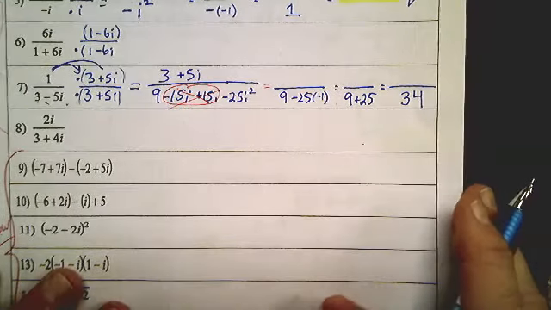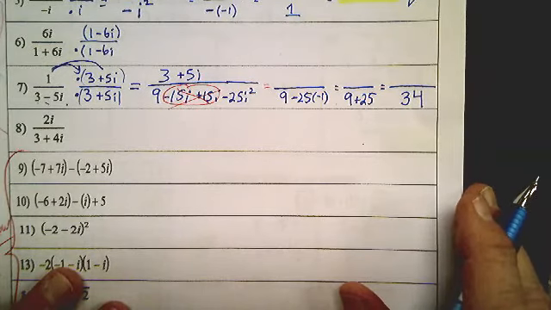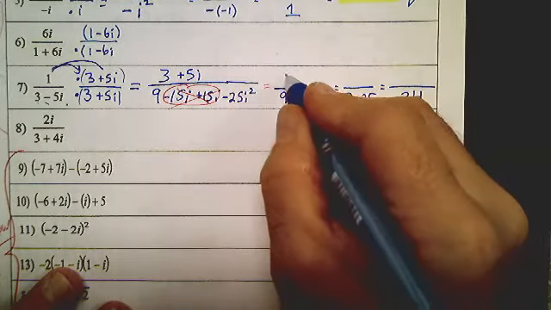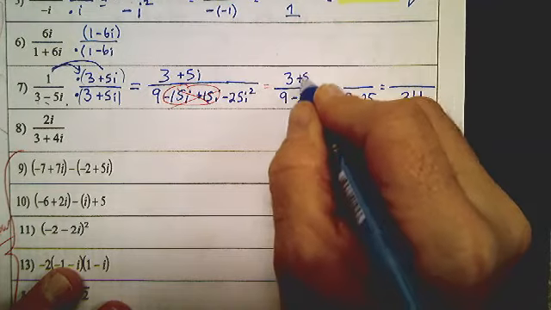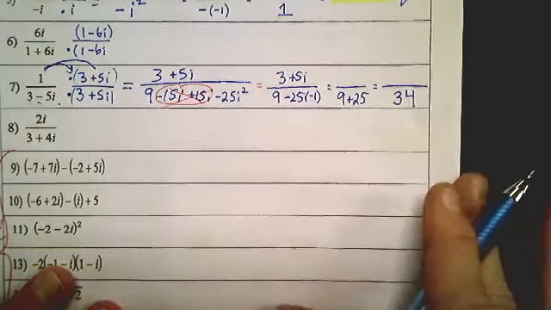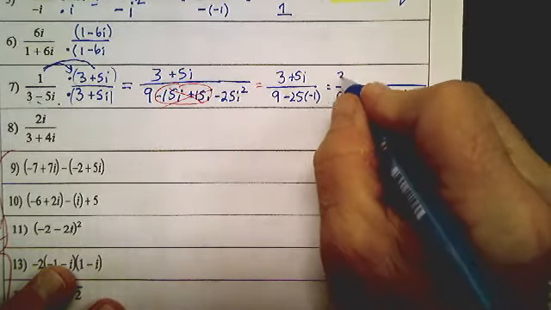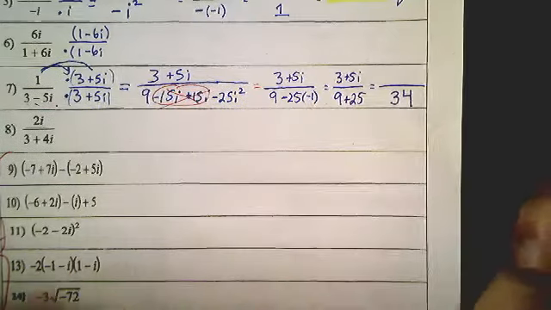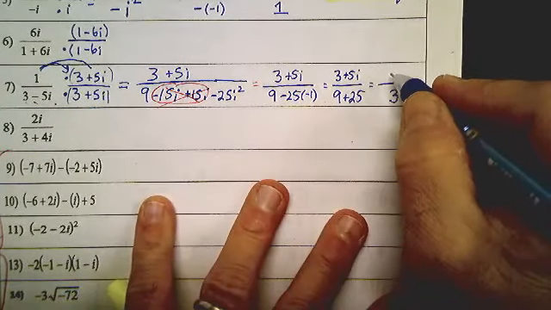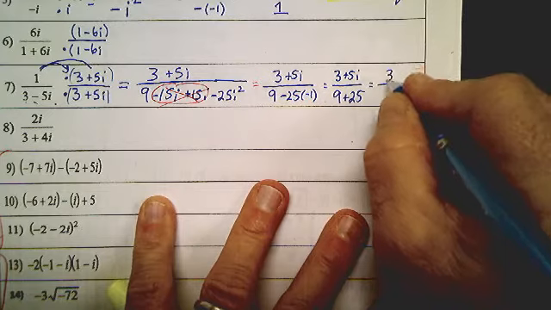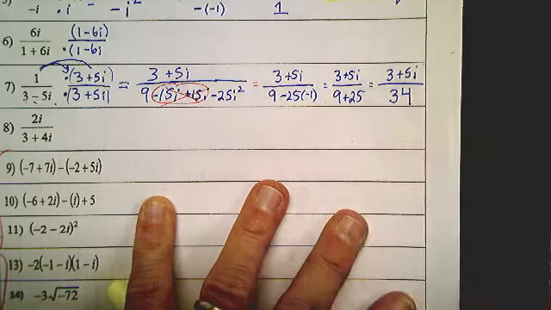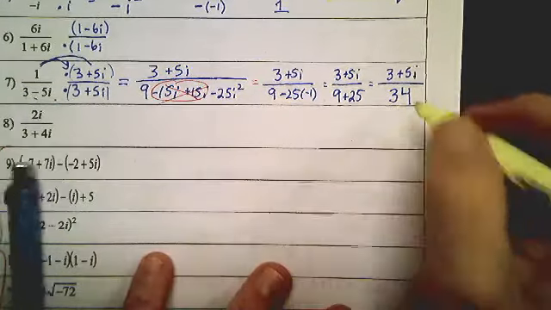That part's easy. The bottom is harder than the top. And then I just carry it over, and I carry it over, and I carry it over. And you're done.